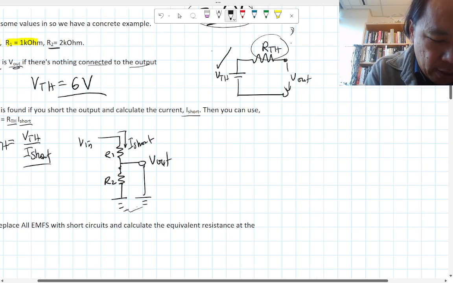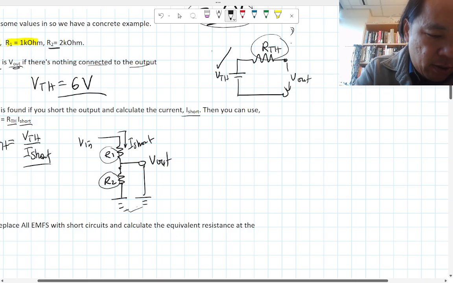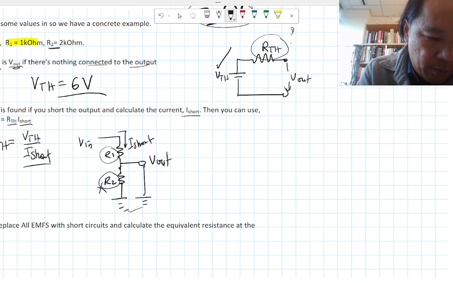The current only flows through R1 and not R2 anymore, because right now it has a path that directly goes to ground. Since there's some resistance here and 0 resistance on this wire, all the current is going to flow through the short circuit instead, and no current goes through R2 anymore.